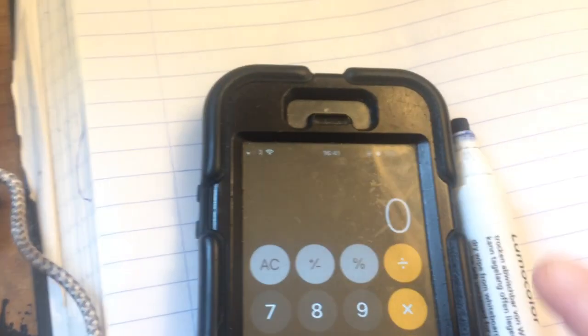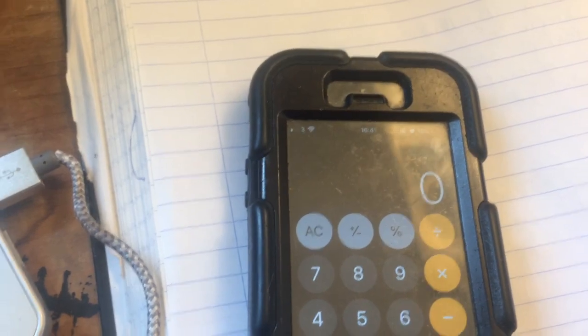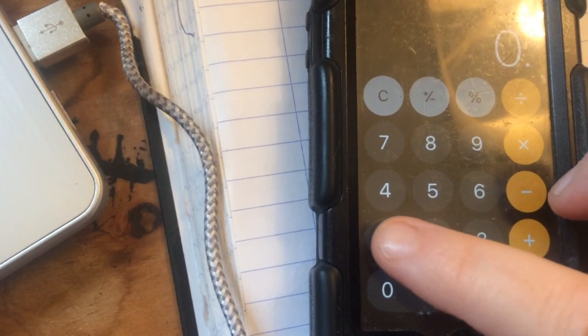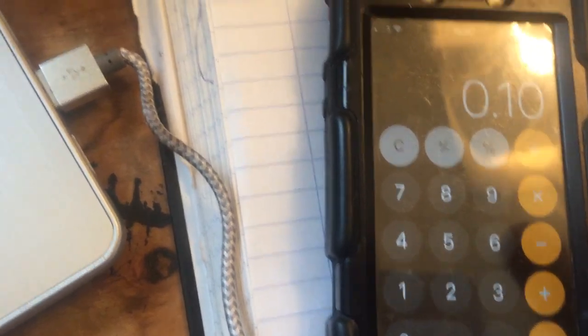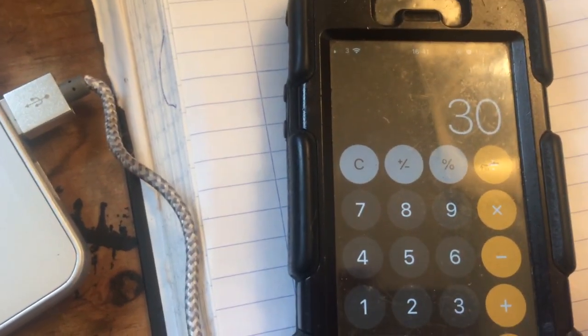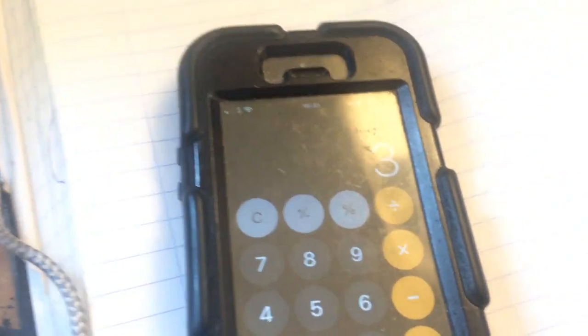So let's use our decimal one. 10% would be 0.10. Multiply by 30 equals 3. So our answer is 3 there. We don't need to round anything there because it's done for us.